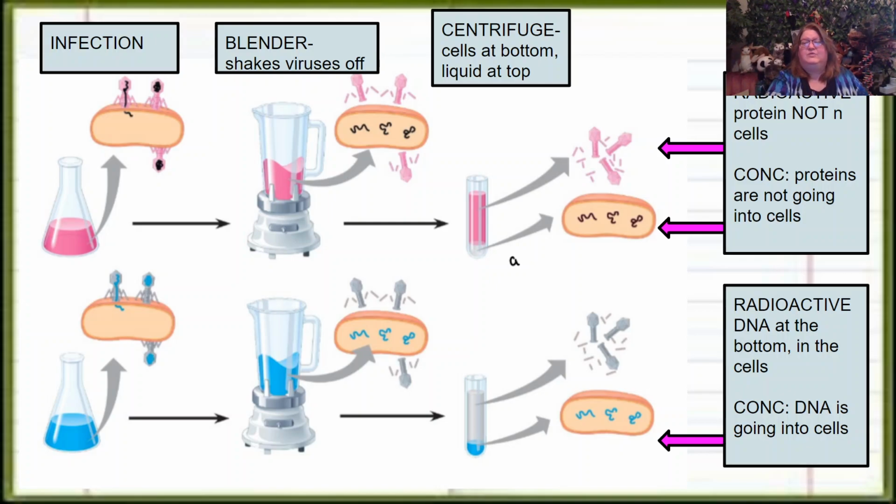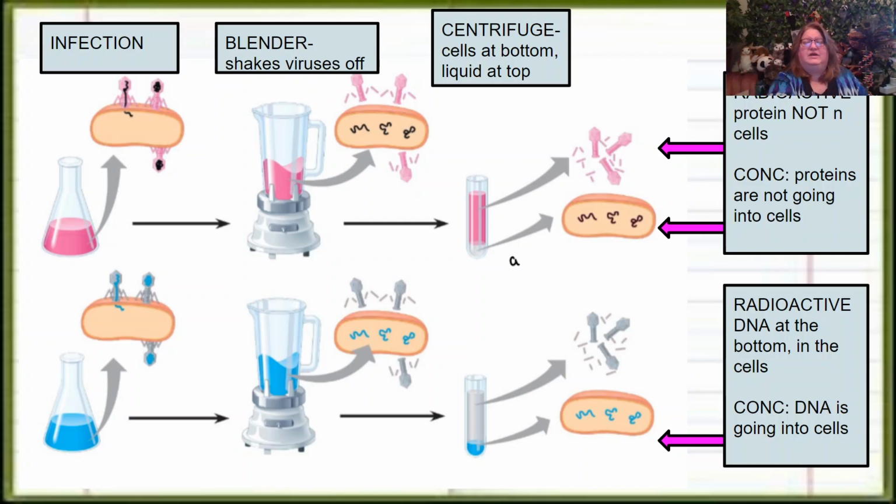And then we're going to centrifuge, and the centrifuge, remember, spins around, and that's going to pull the cells down at the bottom because they're heavier. So they're going to be pulled down to the bottom, and then the liquid is at the top.